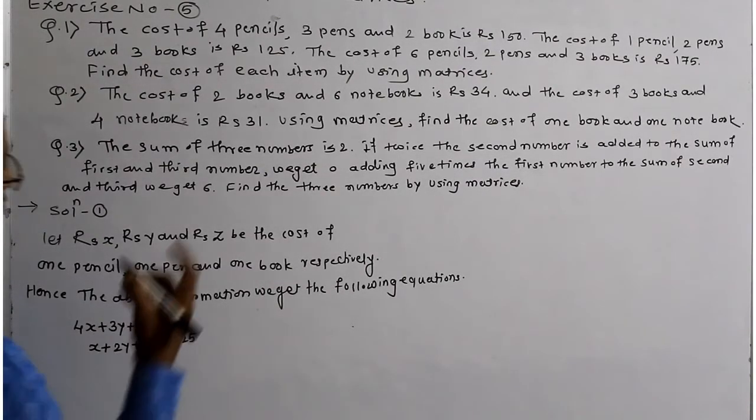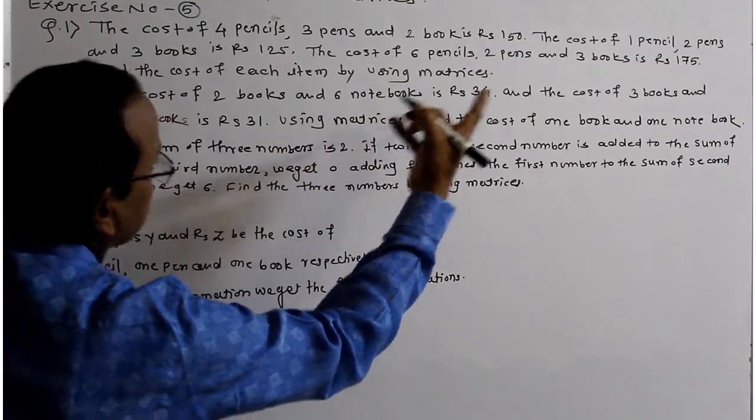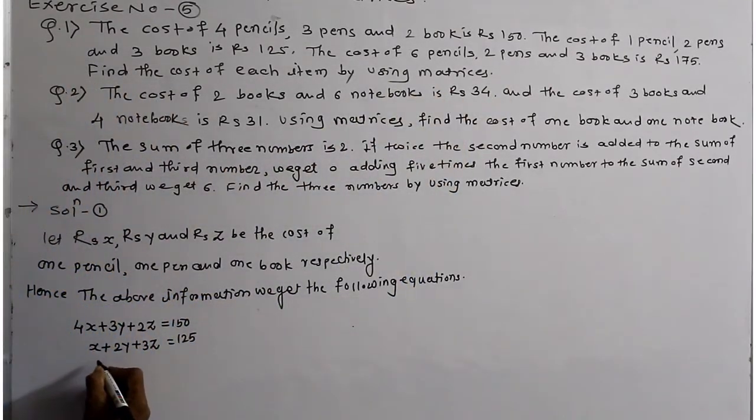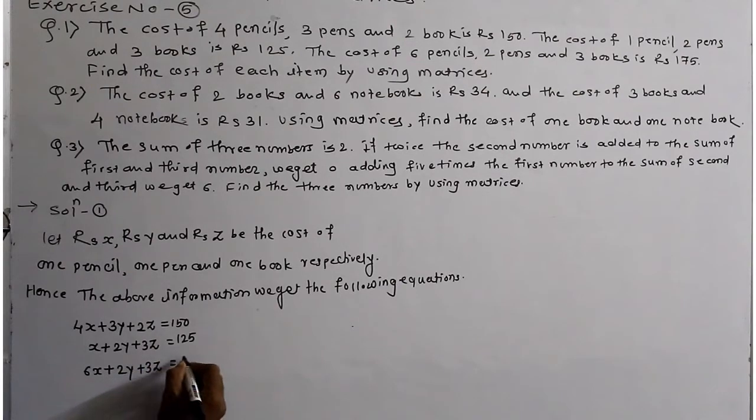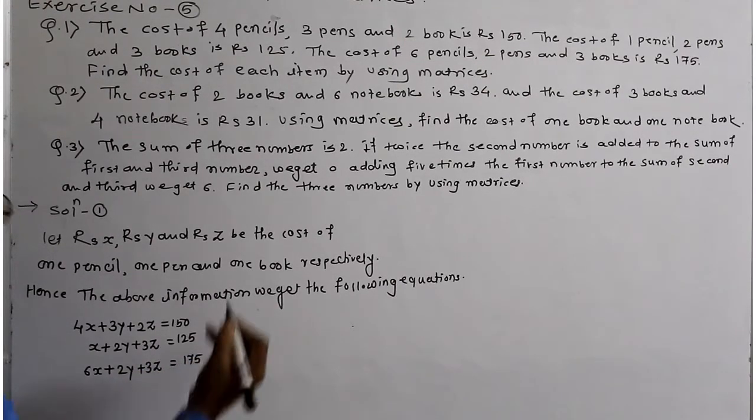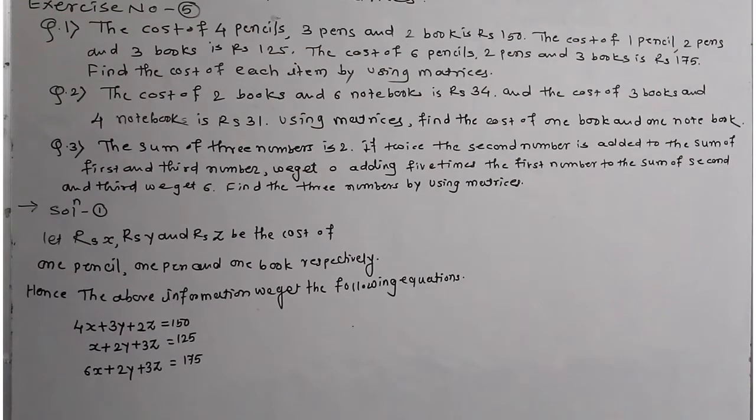Now the cost of 6 pencils, 2 pens and 3 books is rupees 175, means 6x plus 2y plus 3z is equal to 175. So these are the 3 simultaneous equations.